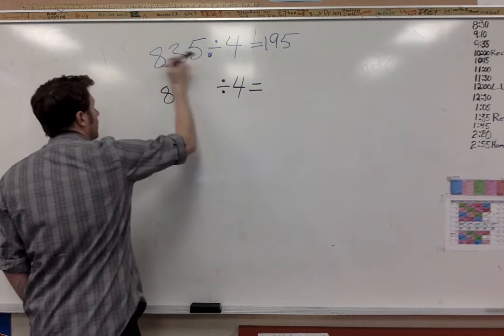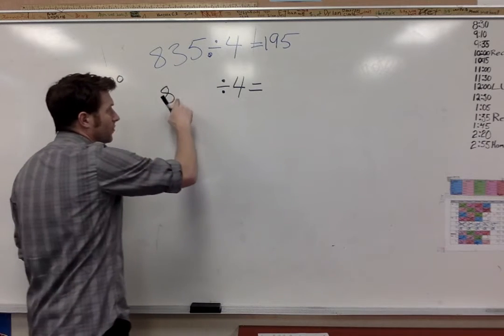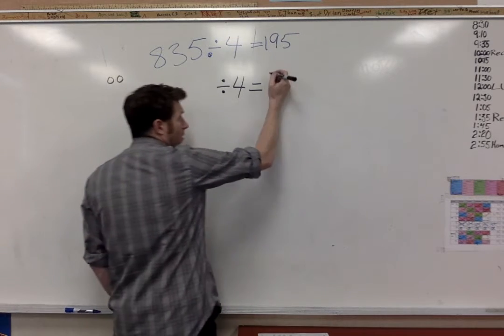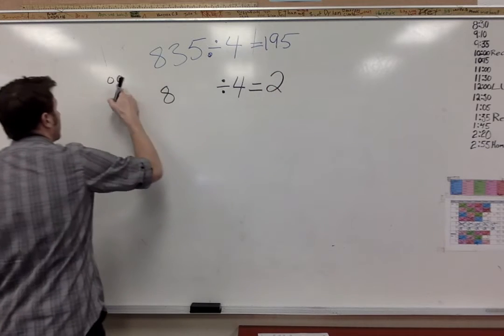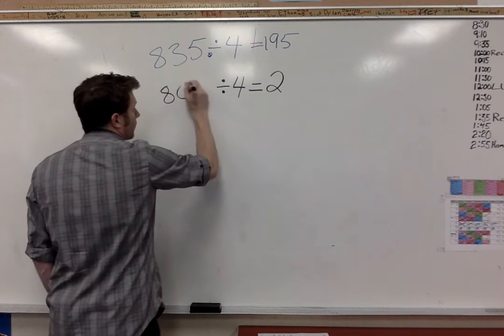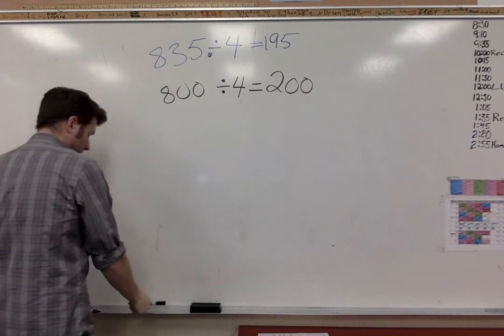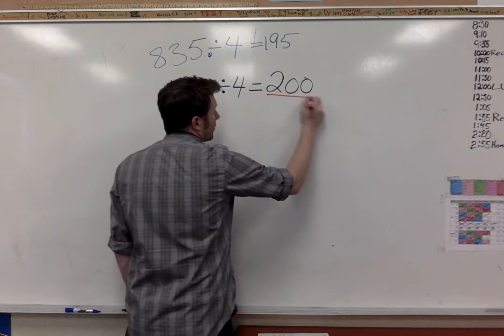I'm keeping them over here for safekeeping. I know I've got 2 zeros. We just do 8 divided by 4. 8 divided by 4 is 2. We're going to bring our zeros back. The answer is 800 divided by 4 equals 200.